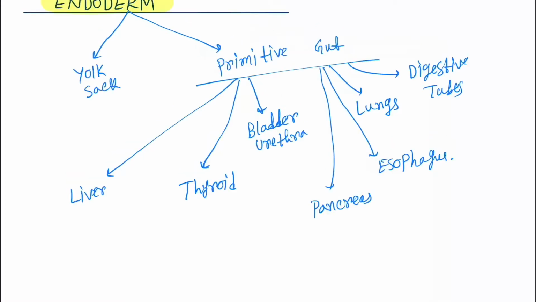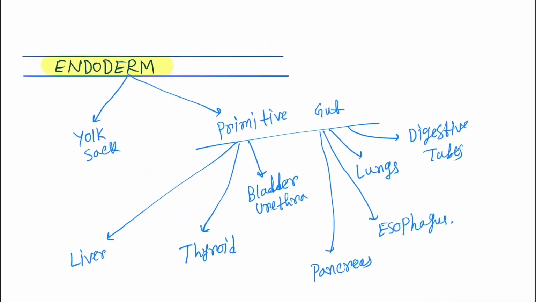Okay, so these are the tissues formed from the primitive gut of the endoderm.